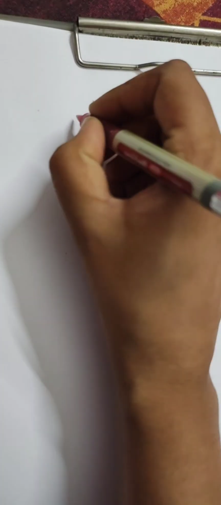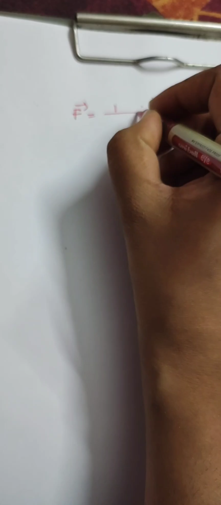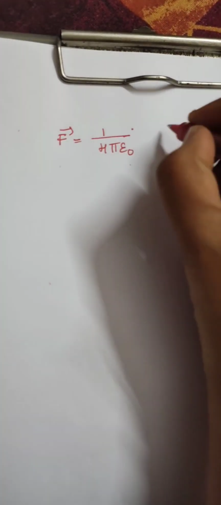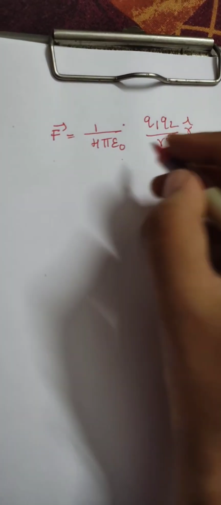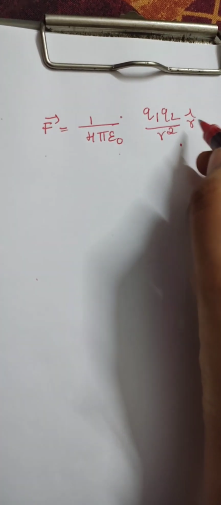Okay, if they ask you to write the vector form of Coulomb's law, we can write: F vector is equal to 1 by 4 pi epsilon naught, that is the K value, q1 q2 by r square r cap. Here we know 1 by 4 pi epsilon naught. Just now we have discussed q1 q2 are the charges, the product of the magnitudes of the charges.